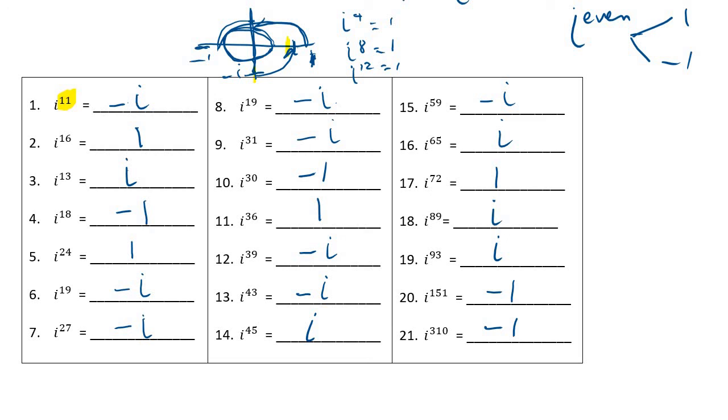Otherwise, it's even, not a multiple of 4, and it's -1. If the exponent is odd, then it's either i or -i. If it is 1 more than a multiple of 4, then it's i. If it's 1 less than a multiple of 4, then it's -i. That's basically how to figure out any power of i.